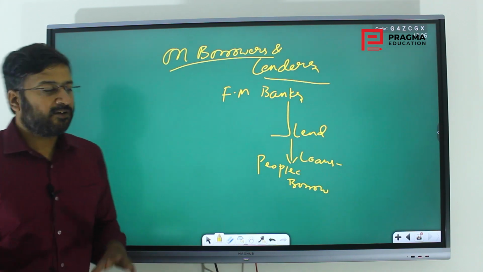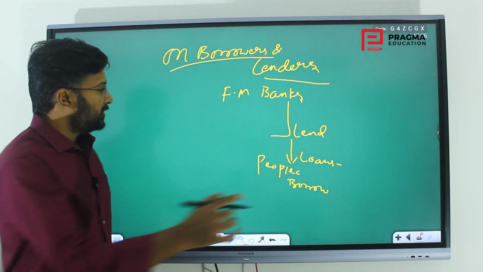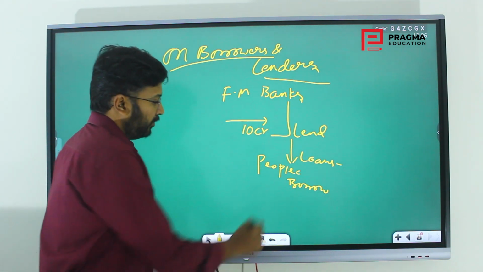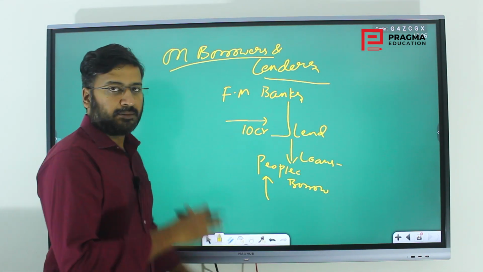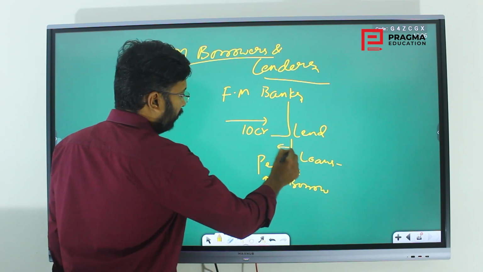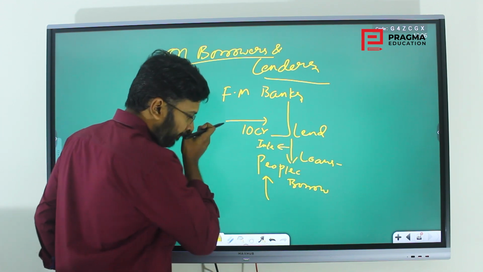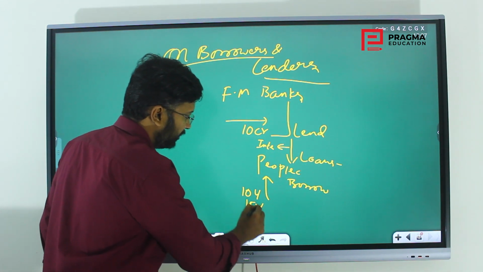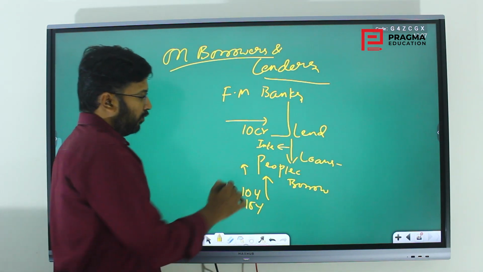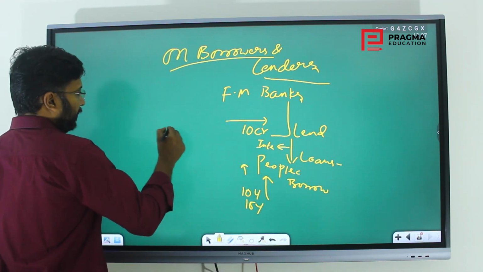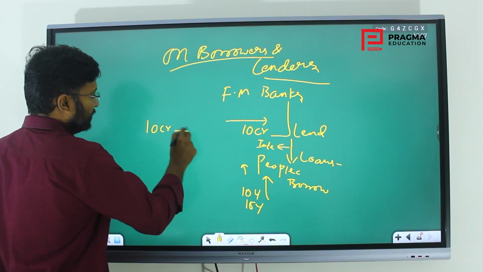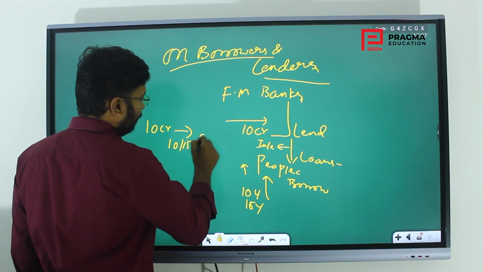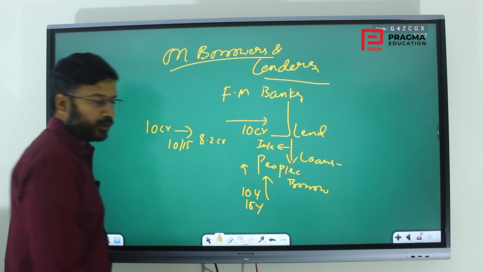So what is the effect of inflation on these two? Say for example, a bank has given 10 crore rupees to a person or some company through a loan and they are paying interest for it. And it has given a time period of 10 years or say 15 years for the repayment. So over this time, the 10 crores would have lost its value in 10-15 years by some amount, and it would have become some 8.2 crores.